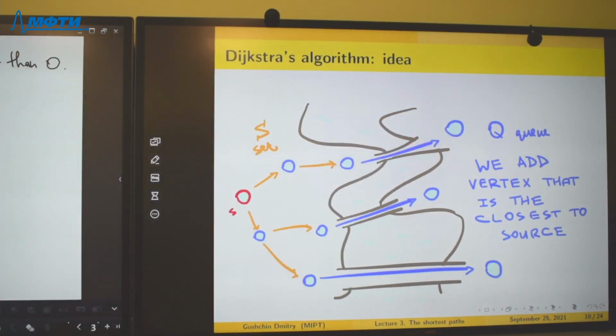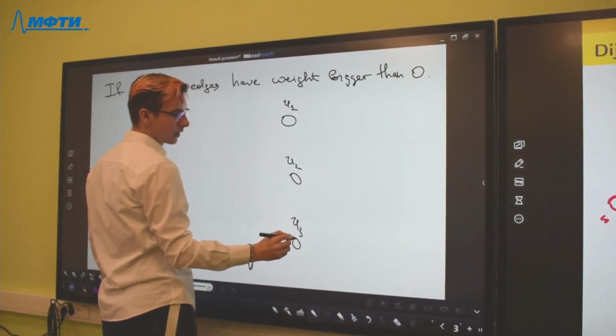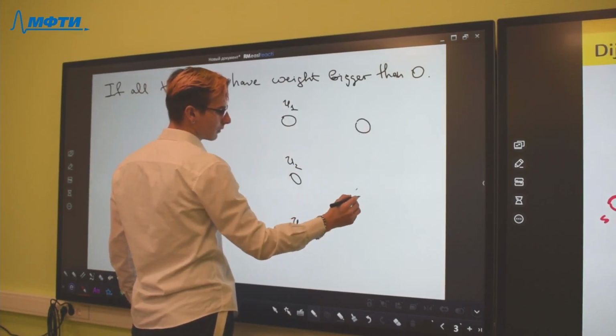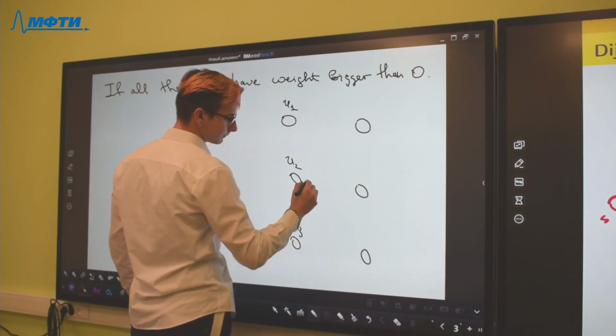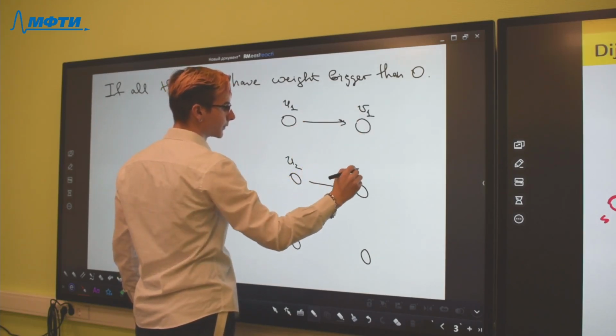I can draw it. For example, 1, 2, and 3. And we have an edge to the new vertices.